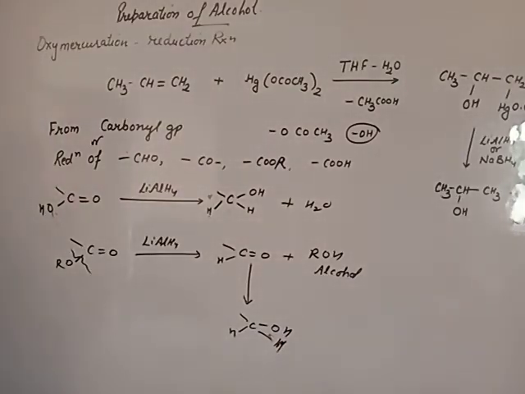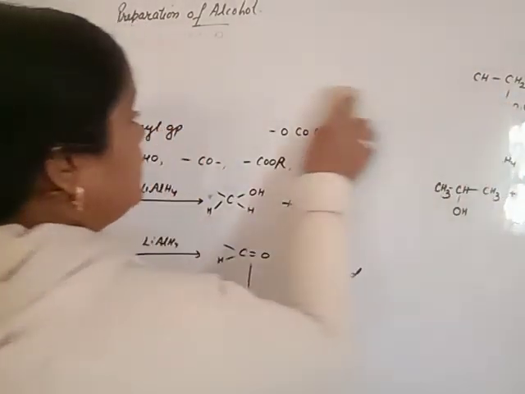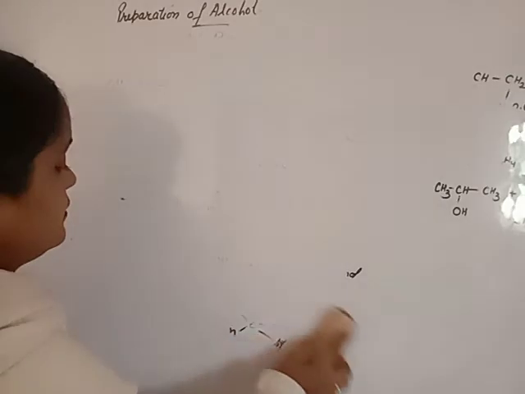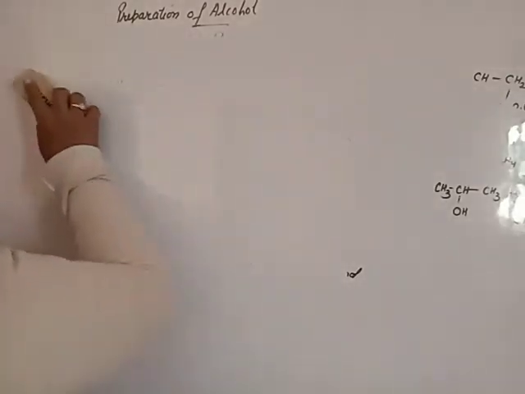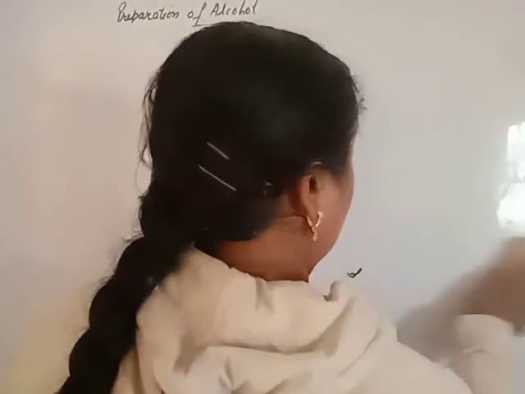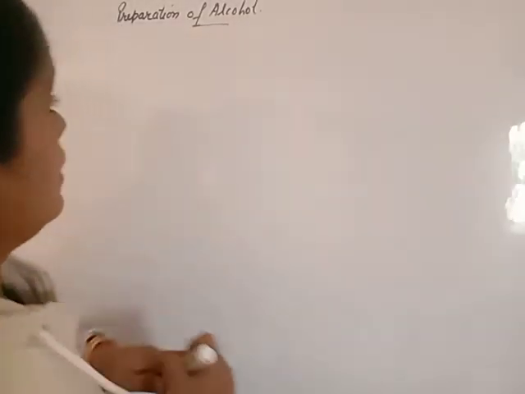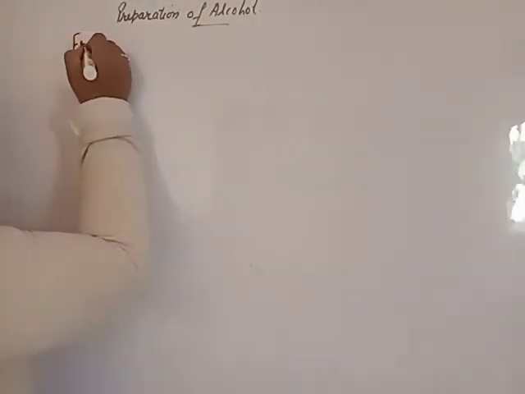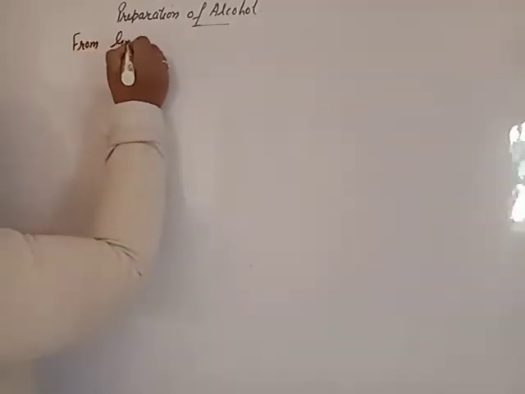Next and most important method for the preparation of alcohol is from Grignard reagent. Beta, Grignard reagent is the reagent in which a carbon nucleophile, or carbon carrying negative charge, is present, and it will form primary alcohol, secondary alcohol, tertiary alcohol, all from Grignard's reagent.